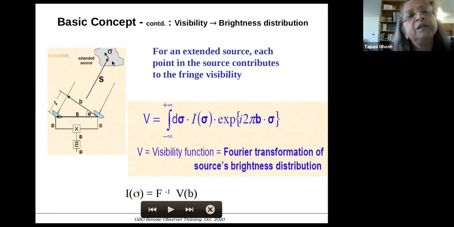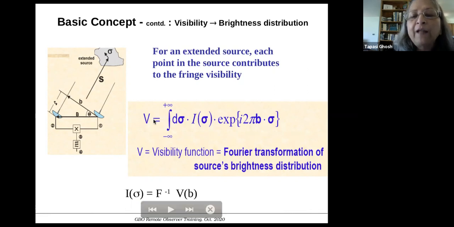So to determine the overall visibility that we measure from an extended source, we consider each point separately, and they are at a different phase. They contribute to a fringe pattern that this system is recording. Each will have a fringe pattern with an extra phase, and you add them all together, and this is your measured fringe visibility, called the visibility function.